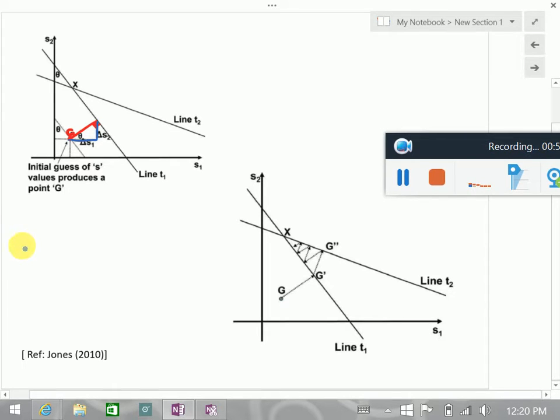We'll see that we can have a relationship between delta Sj, which can be in this case delta S1 or delta S2, the distance to any of the lines, line i, we can obtain it like that.